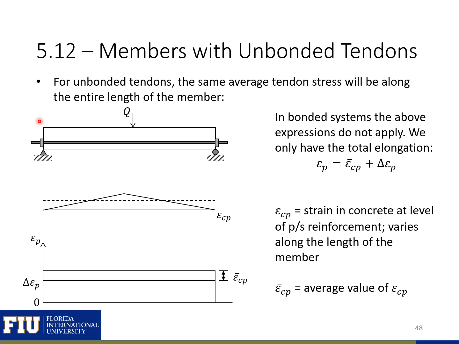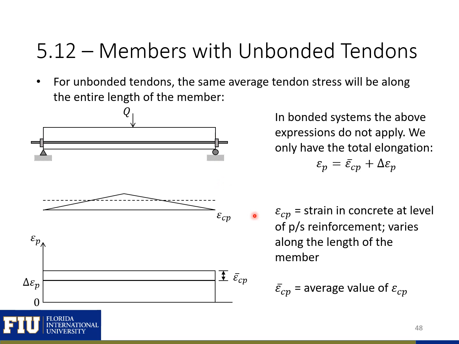For unbonded tendons, our prestressing strain is going to be constant along the length of the strand. And this is because the only point of transfer of stress between the strand and the concrete is at the ends of the beam, or wherever the anchor points are. So what we would need to do is find the strain in the concrete along the length of the beam, or between anchor points.